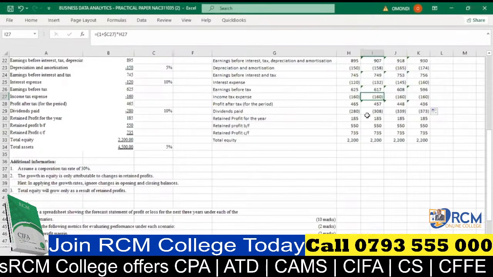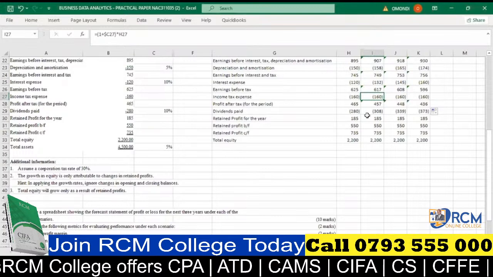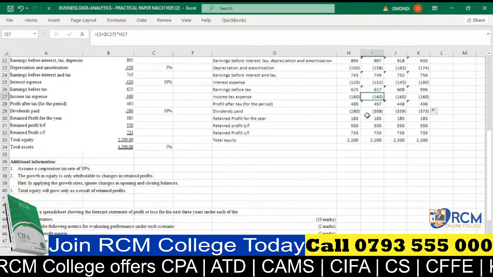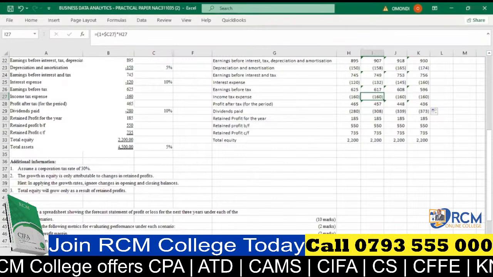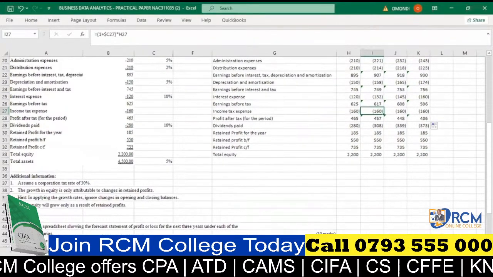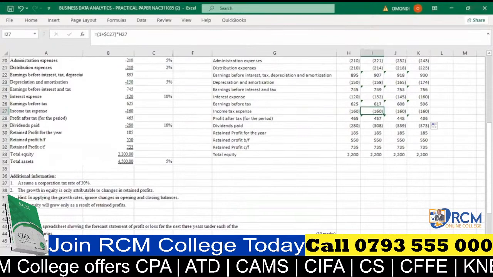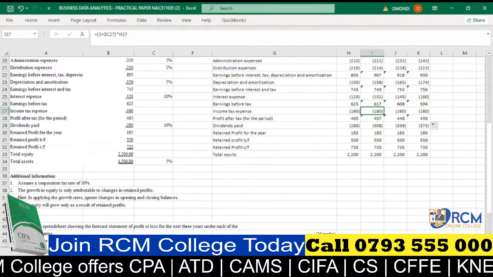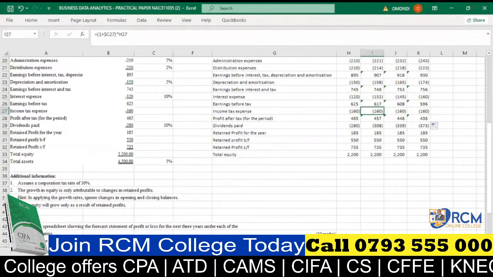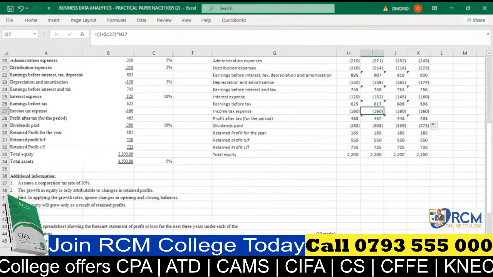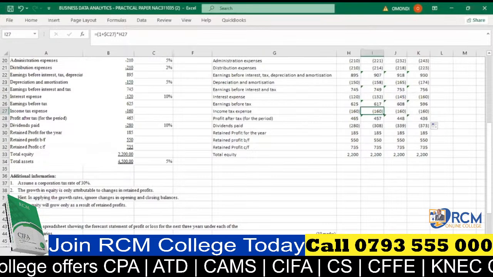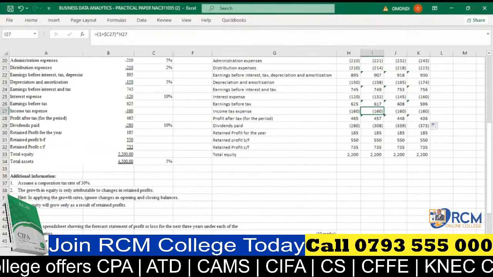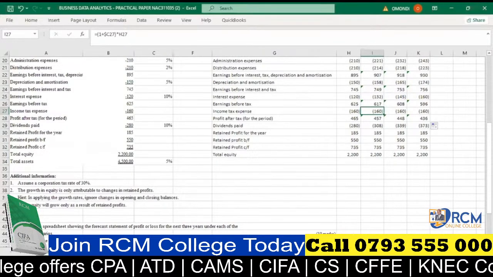Thirty percent. What do you get? 30% of 617. Okay. Sasa nataka kuona responses from everyone.